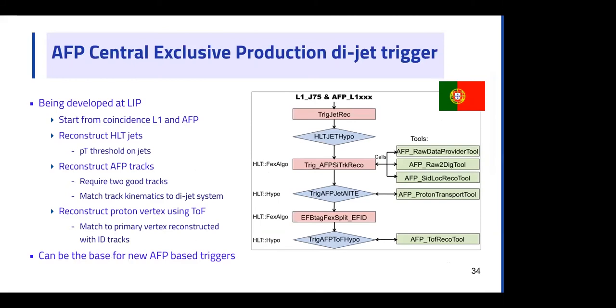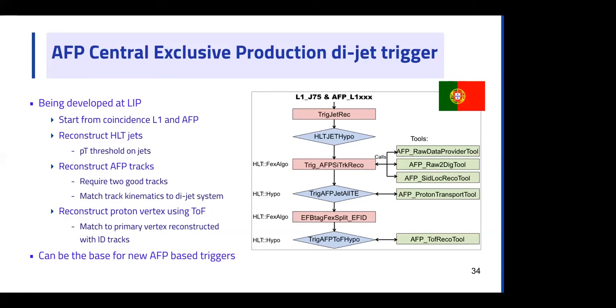It's important to notice that central exclusive production requires special triggers. Most of the other physics topics we have seen rely on central detector triggers. However, central exclusive production cannot rely on that because for the dijet triggers, we typically have huge prescale factors. We have a huge cross section, so we don't need to keep them all.